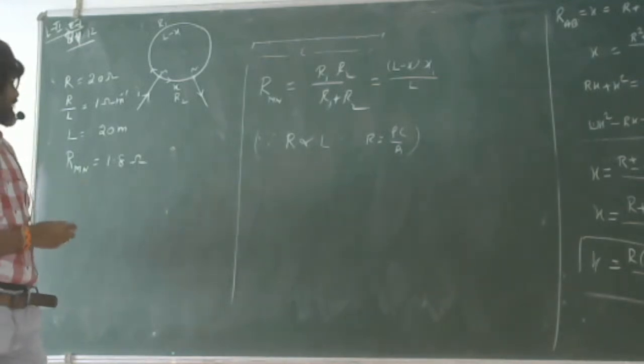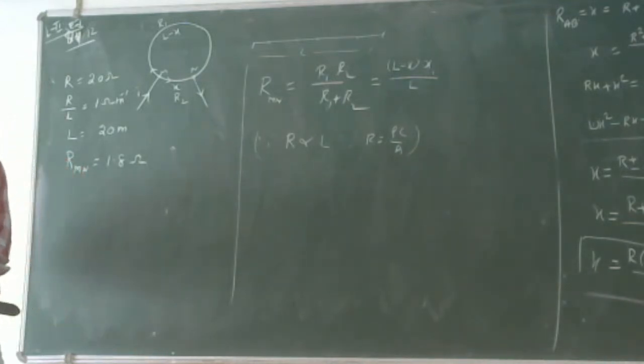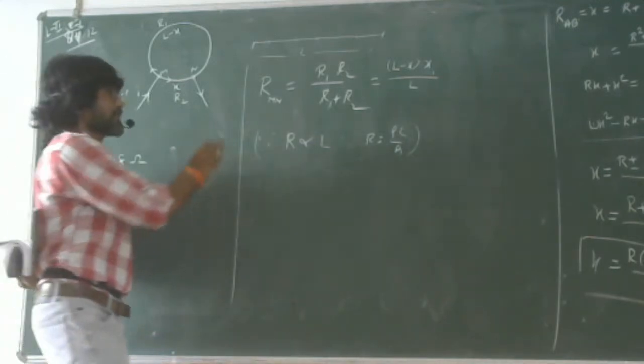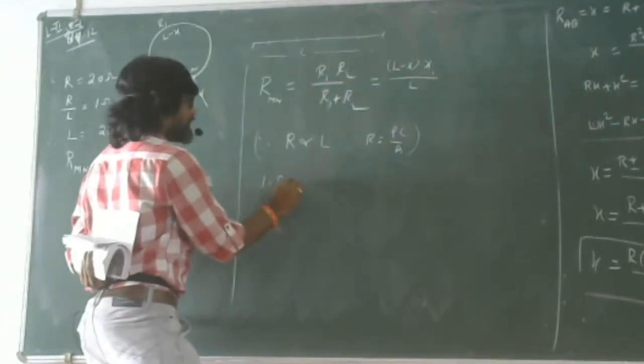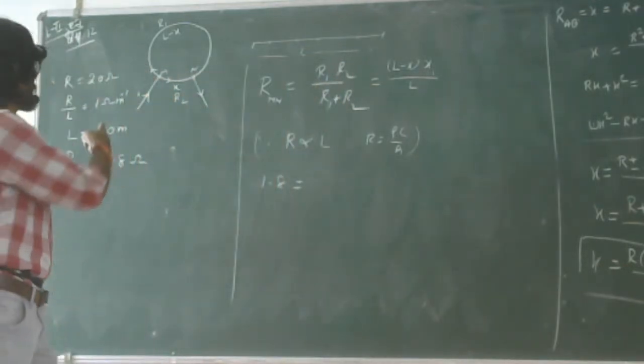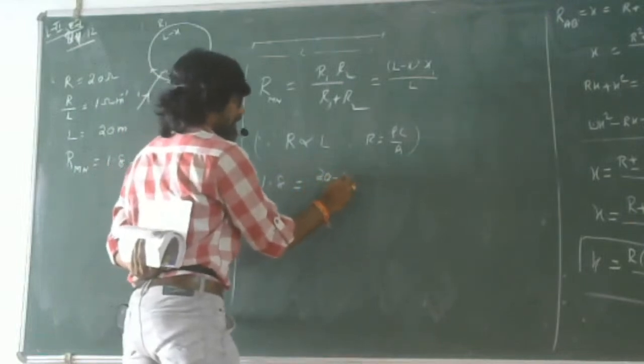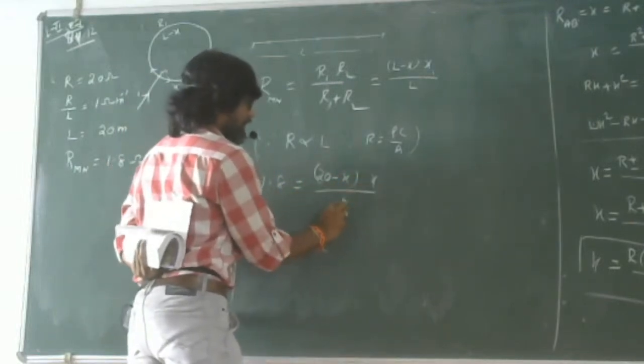Right? So if you take this as 1.8 ohm, then what will you get? You equate 1.8 is equal to, the total length is 20, so substitute those also, 20 minus x into x by 20.